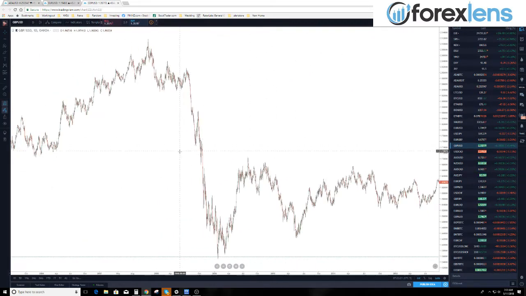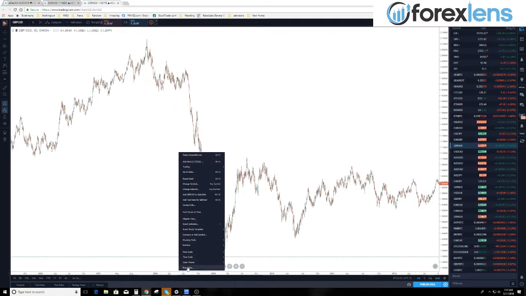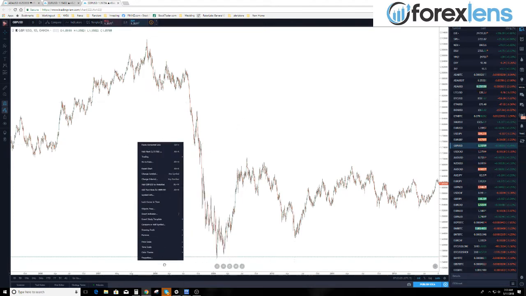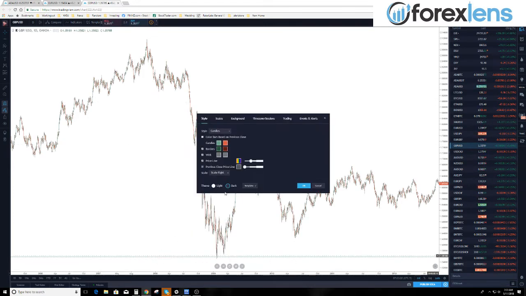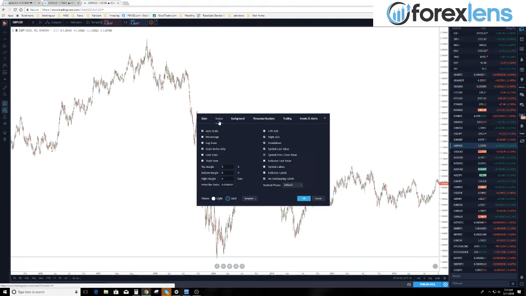Then we're going to right click anywhere on the blank chart and go to properties, and from there we're going to go to scales. We're going to want to square this chart.